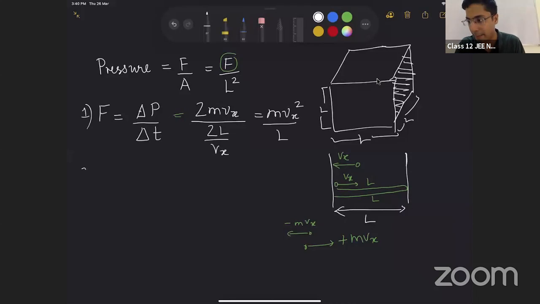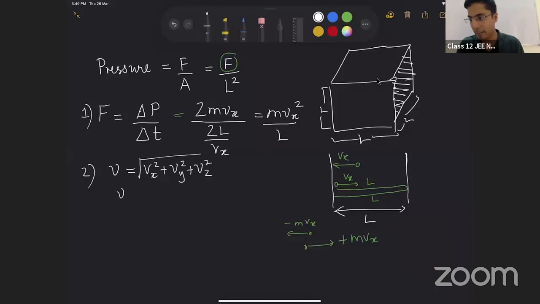Now the second step: because molecules undergo random motion, and random means everything is possible, each thing is equally possible. So V is the root of the x component of the velocity square plus the y component square plus the z component square, correct?